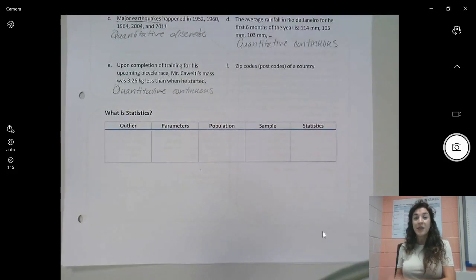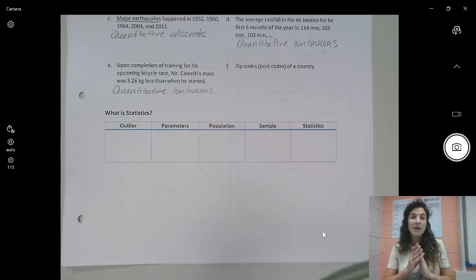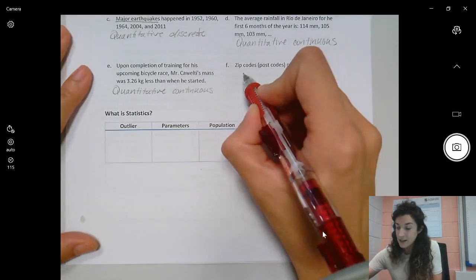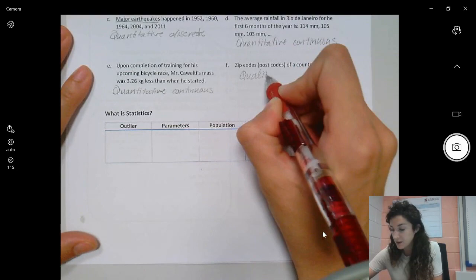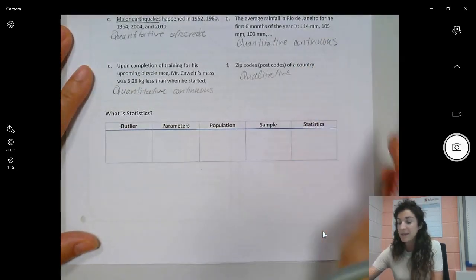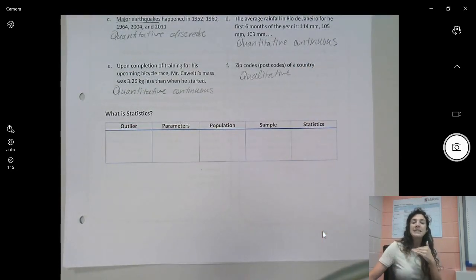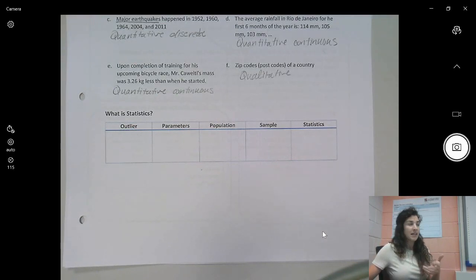Now this one is a little tricky. If we're talking about zip codes or postcodes of a country, this is qualitative data because those numbers don't really tell us anything. Novorossiysk has the zip code 20090, but it's not telling us that there are 20,090 people in the city.